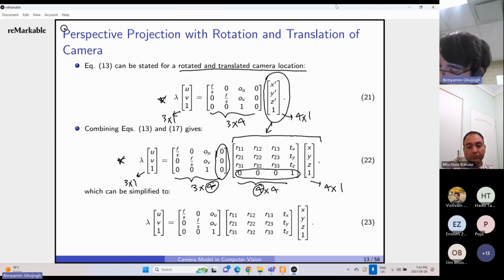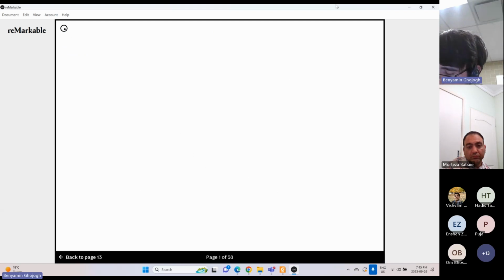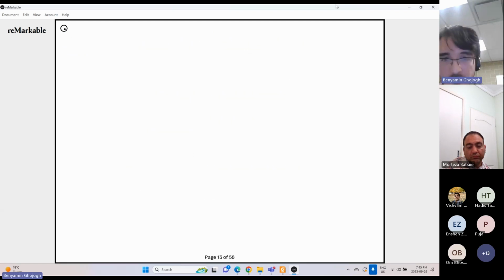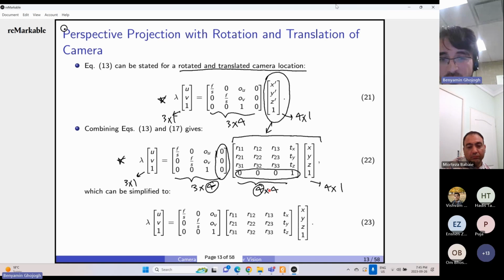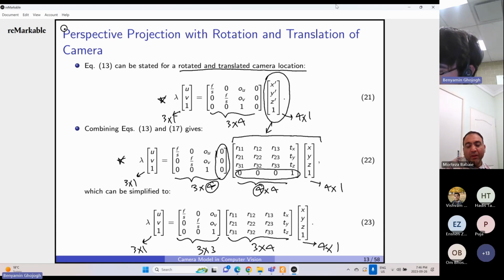I can reduce them to 3 by 3. It can become 3 by 3, then 3 by 4. Exactly, this is what I have done here. So 3 by 3, and this is 3 by 4. This is 4 by 1. So this becomes 3 by 1 as before. But we have got rid of this column and this row. This is exactly what I have done. So I simplified it.